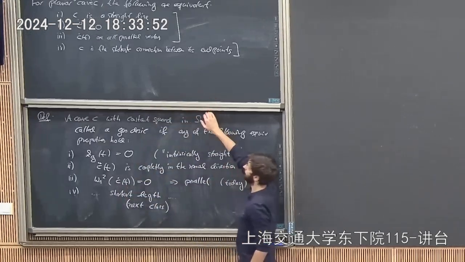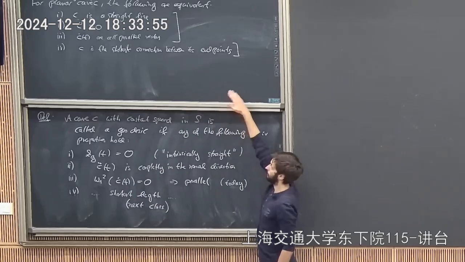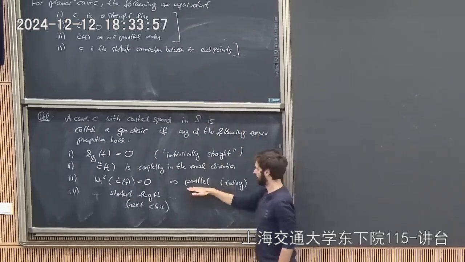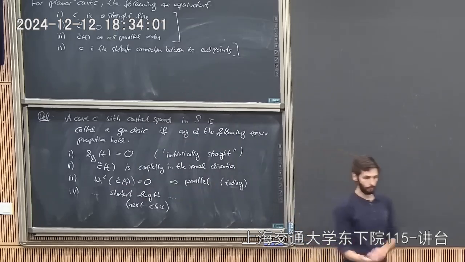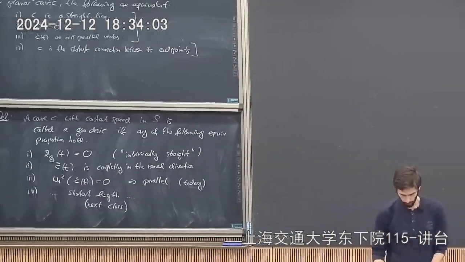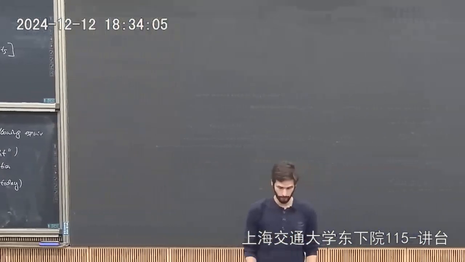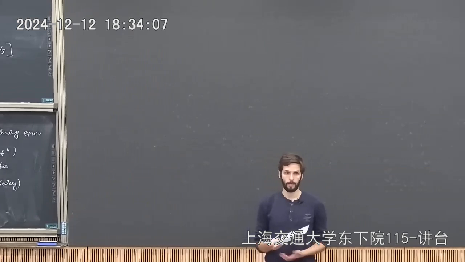That was the third property. So we would wish that this property is something like parallel. So we need to discuss a little how it looks, what it means for vectors to be parallel.